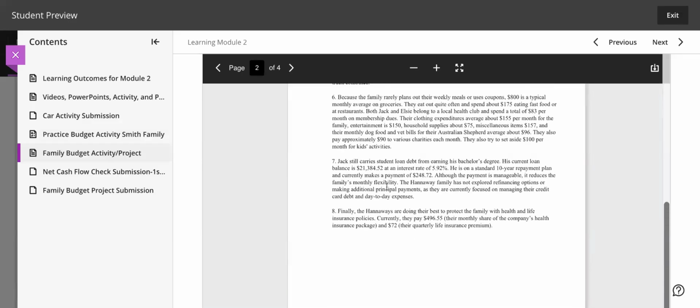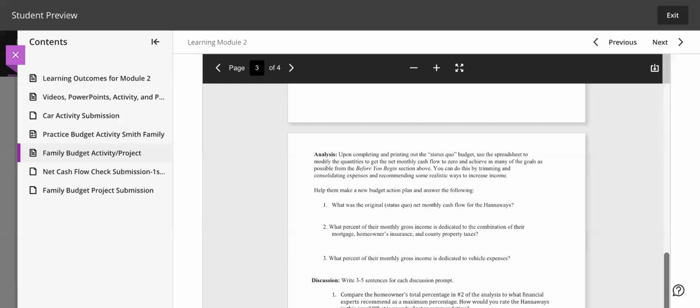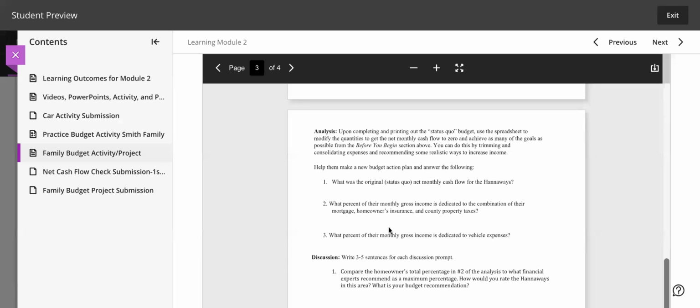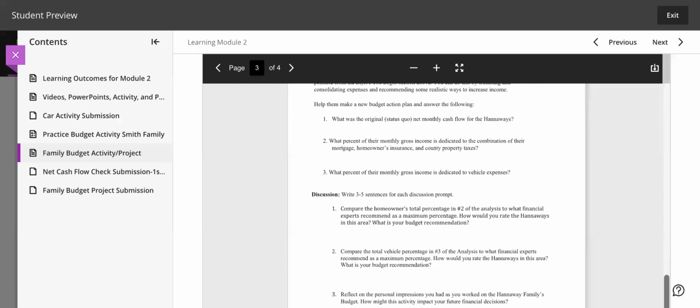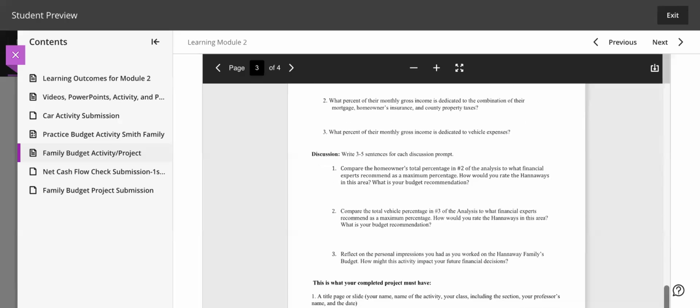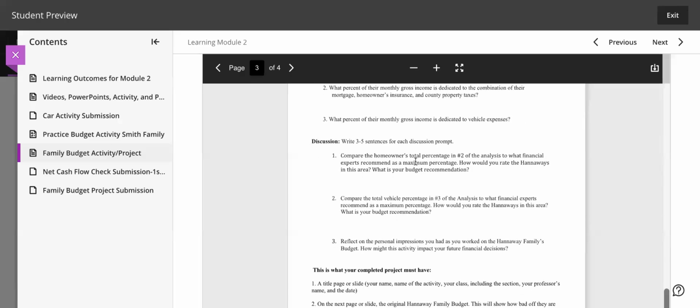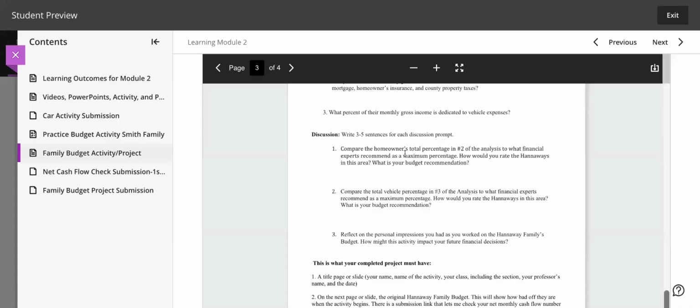So when you do your project, you're going to answer these analysis questions. Okay. You might actually have to look up, like this says, what financial experts recommend as a maximum percentage for your mortgage. I'm reading this. Compare the homeowner's total percentage.